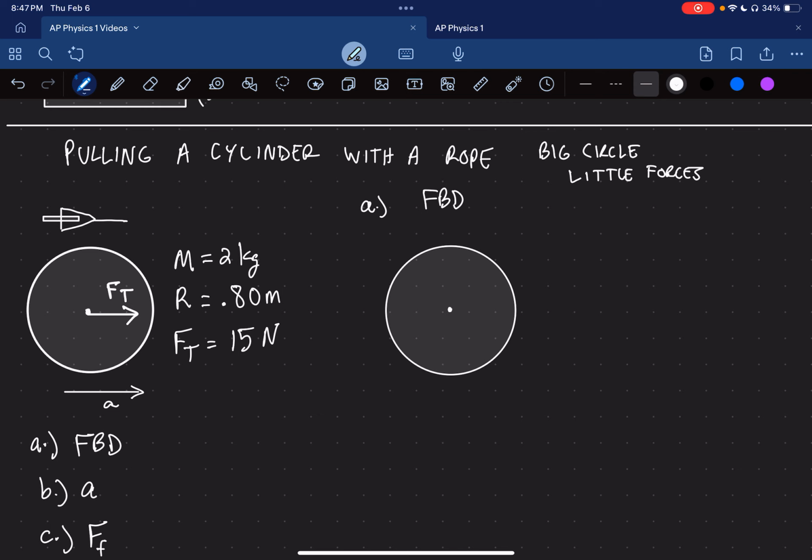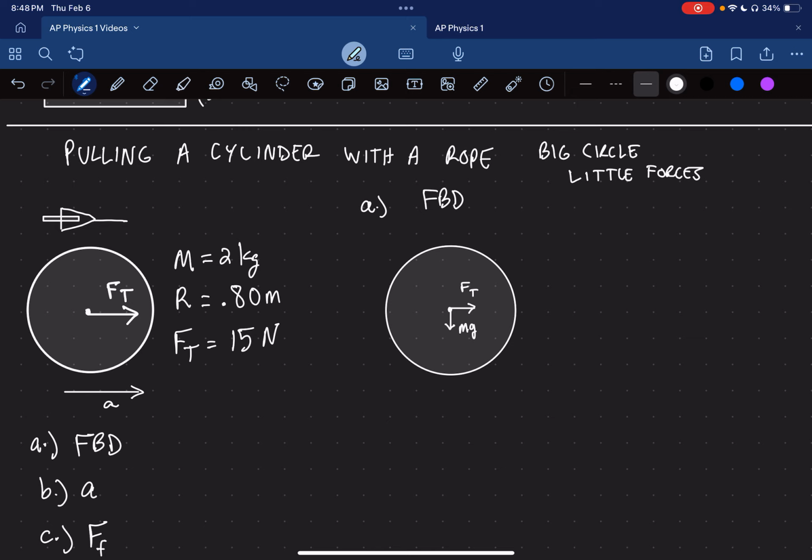Okay, so with small arrows here, clearly we have a tension force acting on the axis of rotation in that direction, little tension force. And the force I like to draw first, usually on these, is gravitational force on the cylinder itself, which is mg. Now it's on the ground. There is a normal force on this, and you might think, oh, we'll just put a normal force up here.